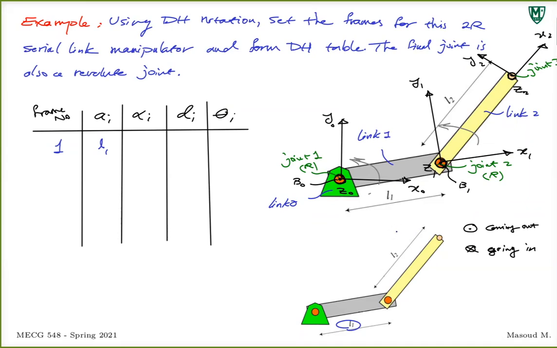Now in this case, z0 and z1 are parallel, so the alpha value is 0. There is no rotation required for z0 to become parallel to z1. Both of them are parallel already.